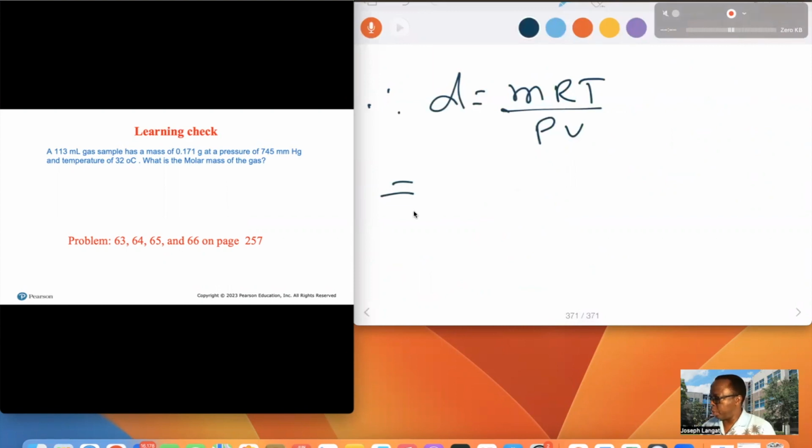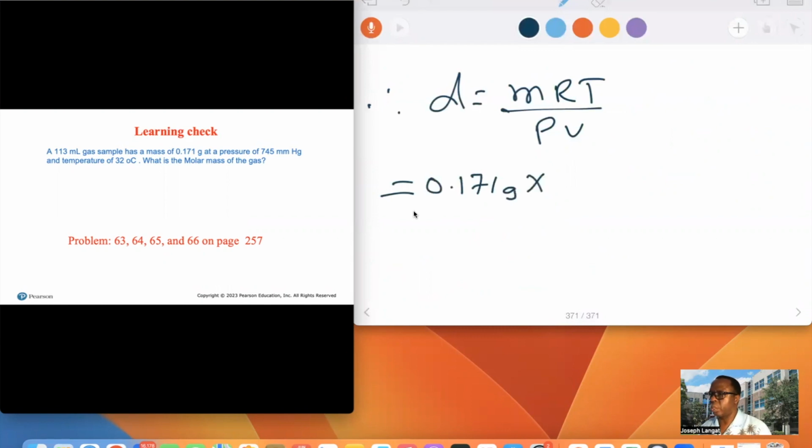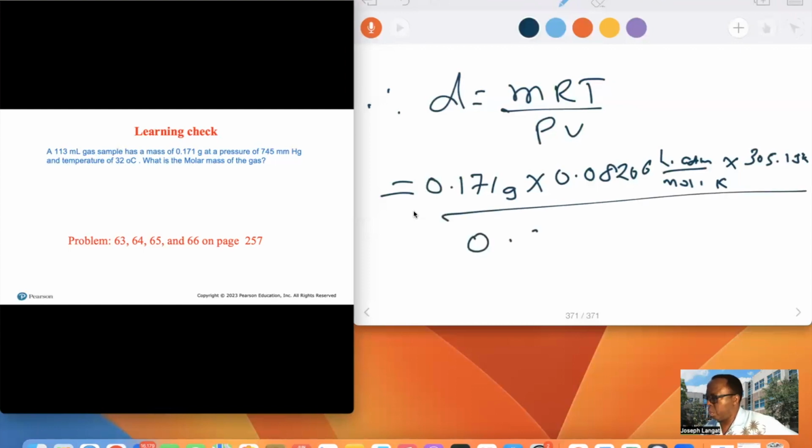From what we are given, the mass is 0.171 grams times the universal gas constant 0.08206 liters times atmospheres over mole times Kelvin, times the temperature, 305.15, over 0.9803 for the pressure, times the volume.